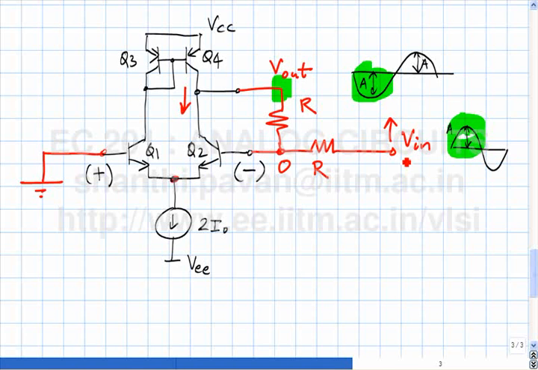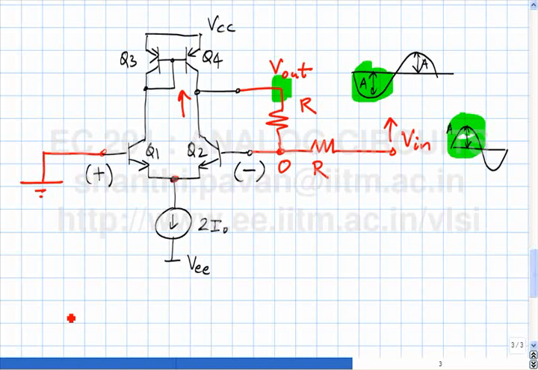When V in goes negative, then this potential will go up, thereby eventually pushing Q4 into saturation. So, it seems as if you can put a fairly large negative swing at the input, but the moment the sine wave goes positive, immediately Q2 gets into the saturation region, thereby causing the output sine wave to distort.